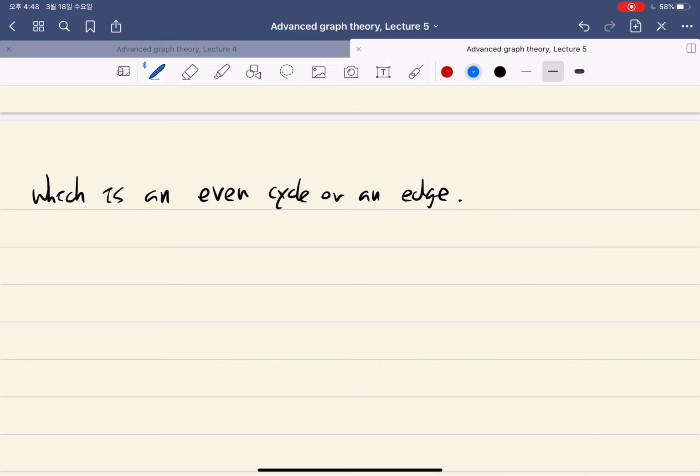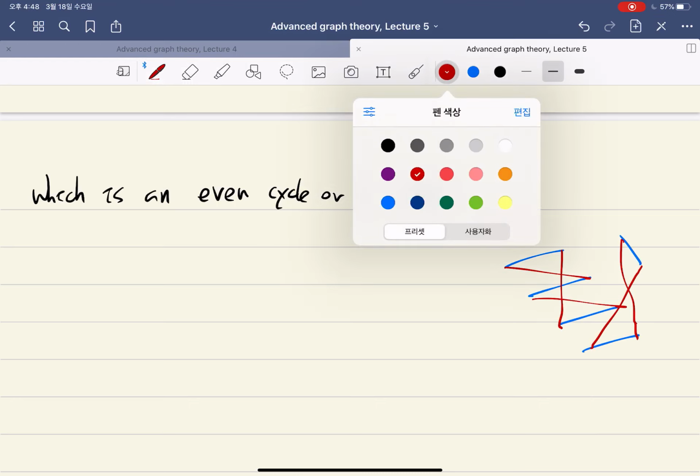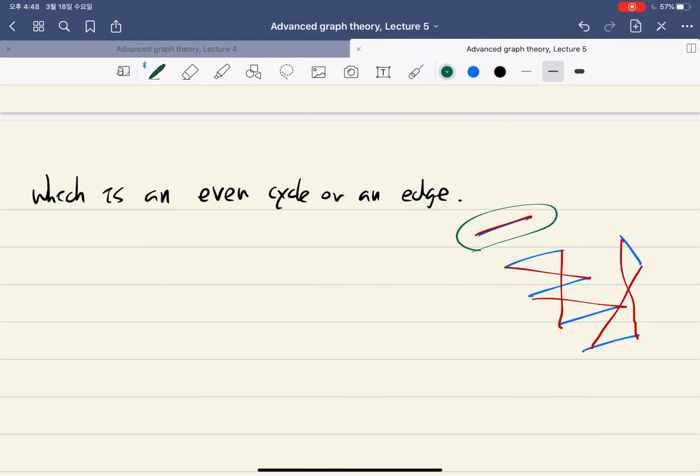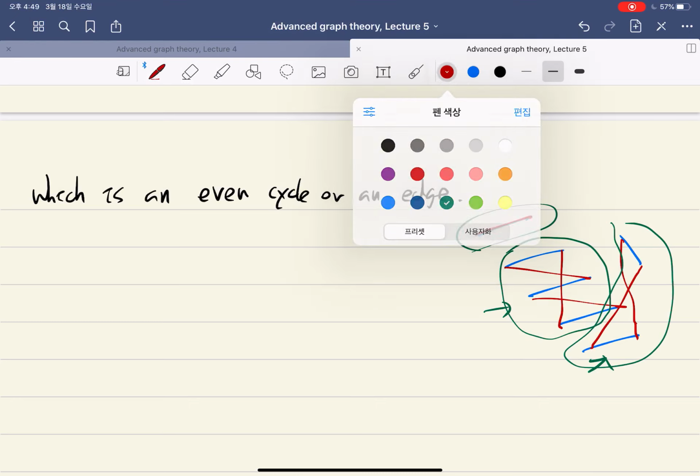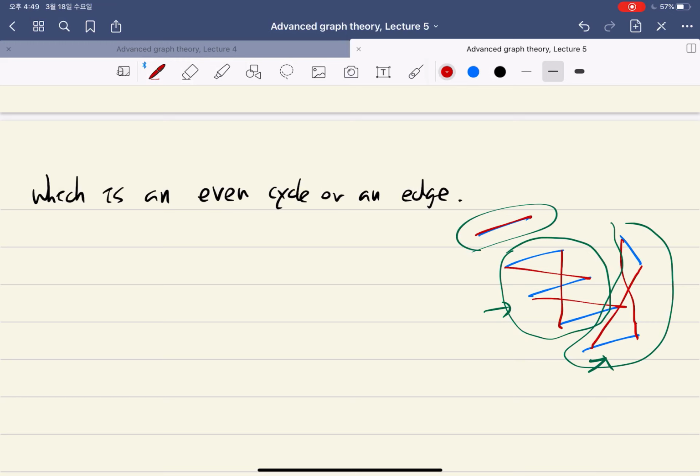If you have some perfect matching of a graph and another perfect matching, then we have either an edge, if the edge belongs to both perfect matchings, or some component which alternates blue edges and red edges. So all of these are even cycles. So each component of the union must be either an edge or an even cycle.